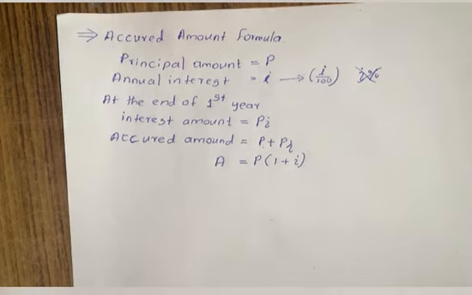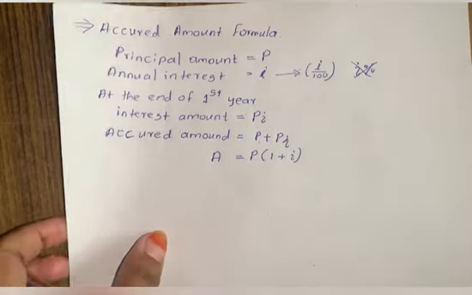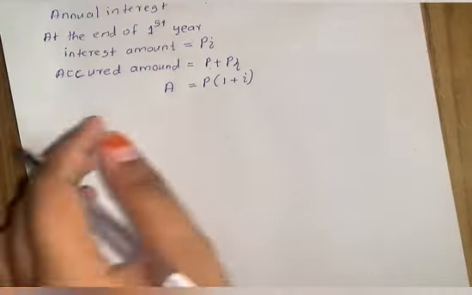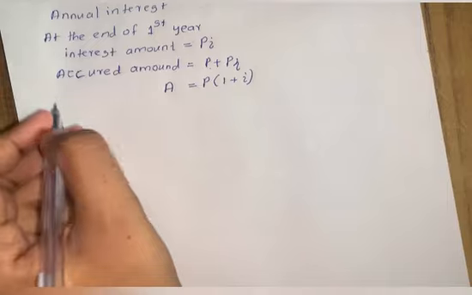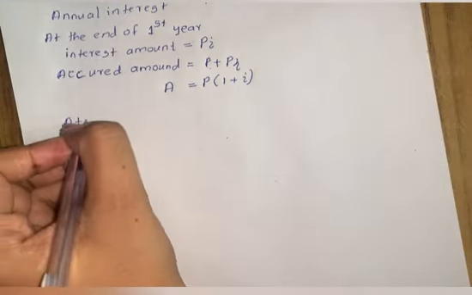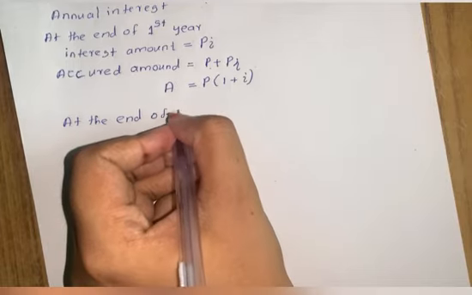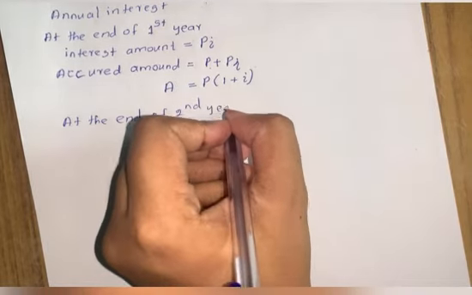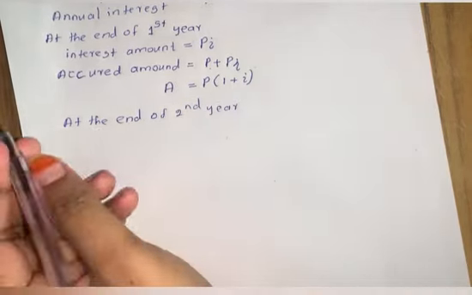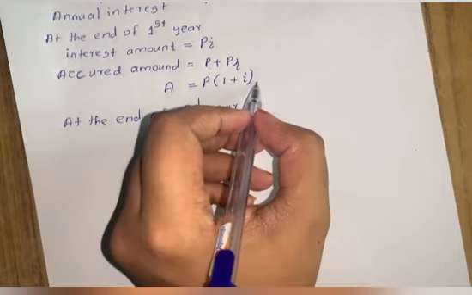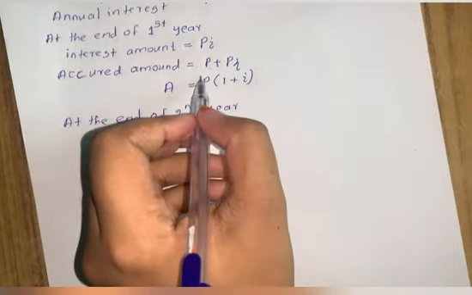Now let's calculate the acquired amount at the end of the second year. At the beginning of the second year, what will be our principal?